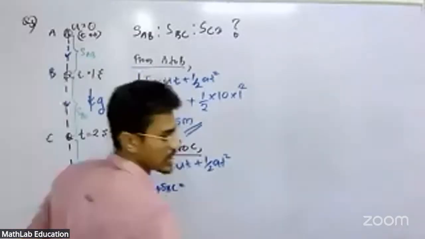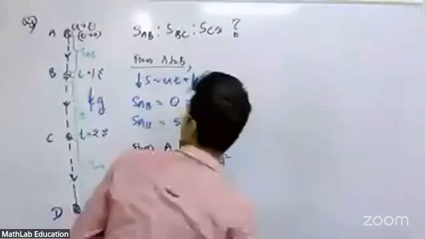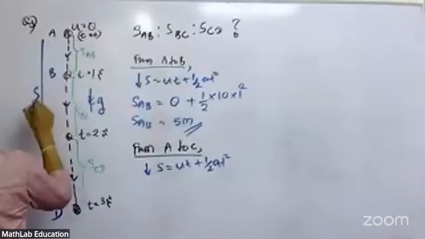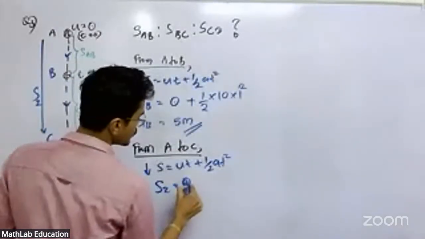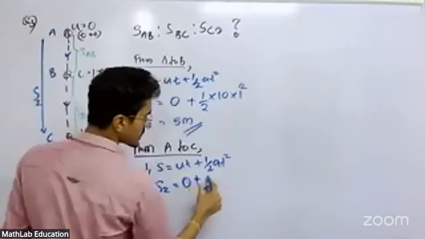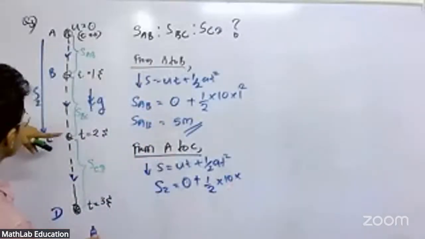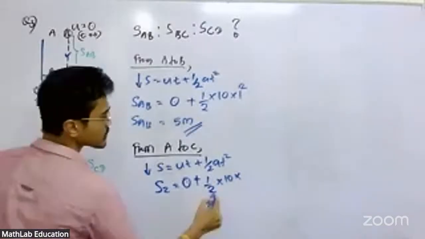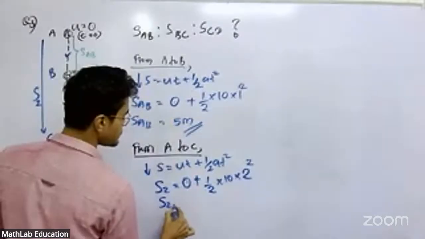Or else, let's go this way. Anything is possible. From here to here, I'll assume this displacement as S2. So S2 equals U, which is still 0 because my section is from A, plus half g, which is 10, times t squared, where t from A to C is 2 seconds. 2 squared.